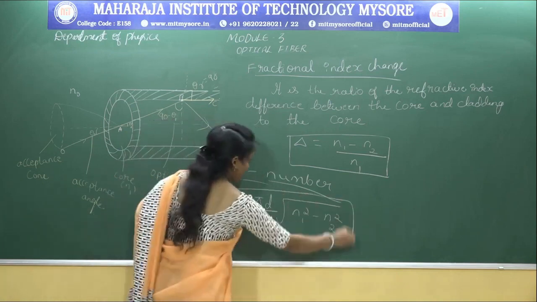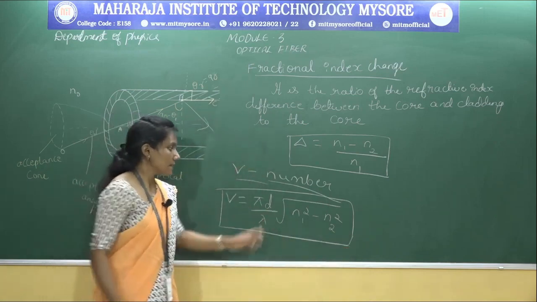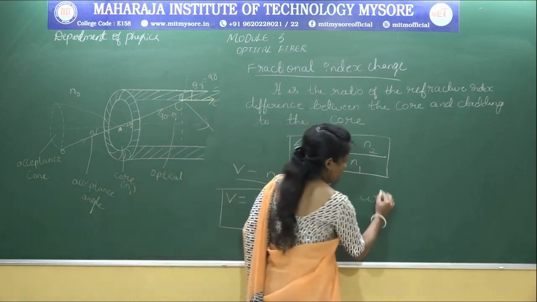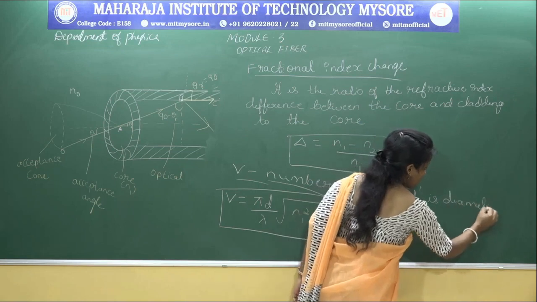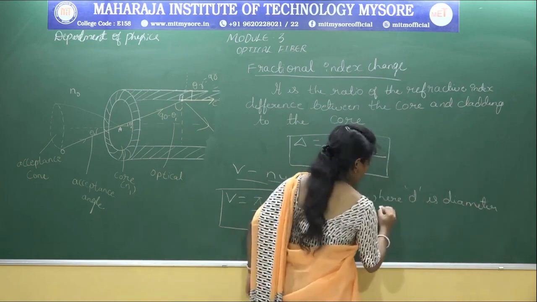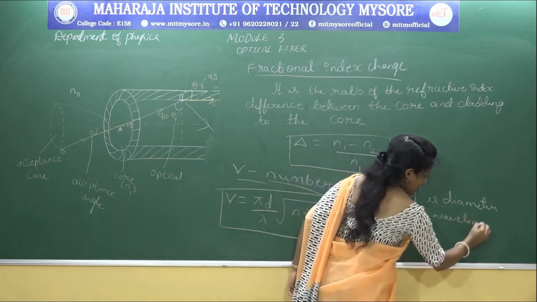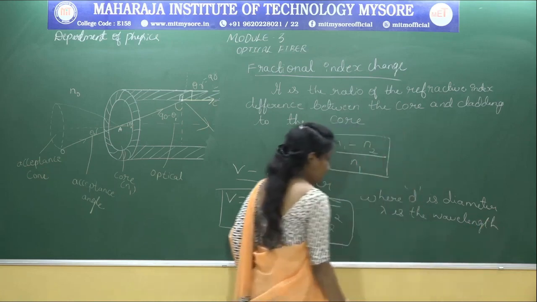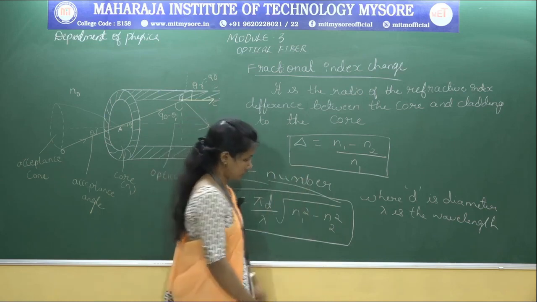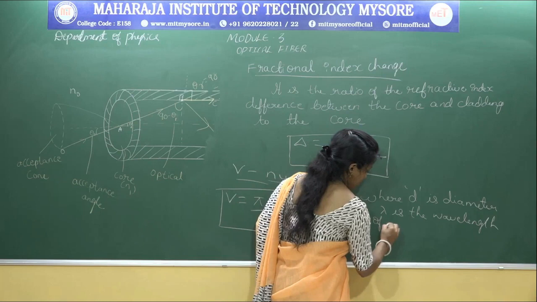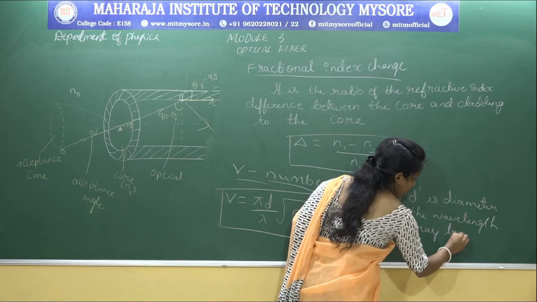This is the formula for the V number, where d is the diameter and lambda is the wavelength of the light ray which is travelling inside the optical fiber.